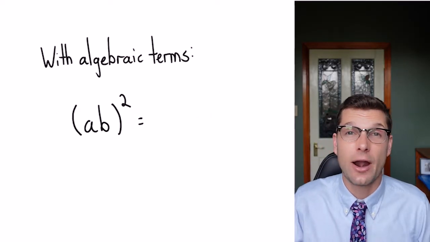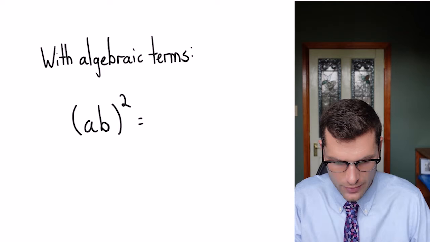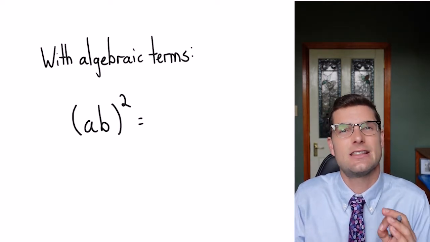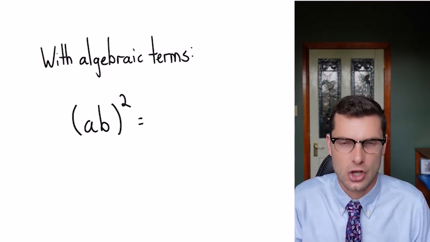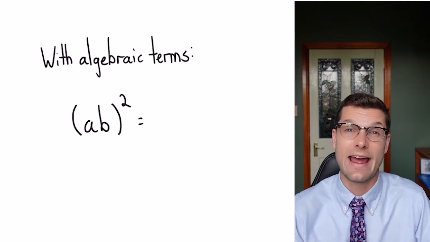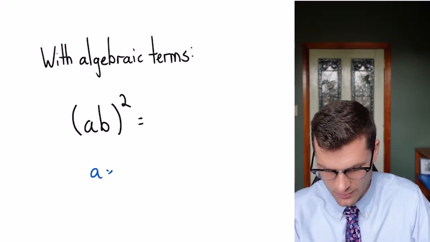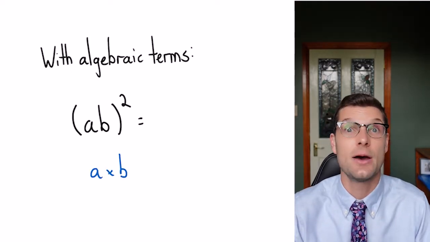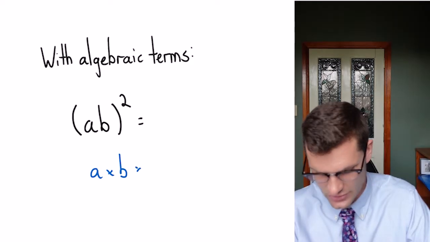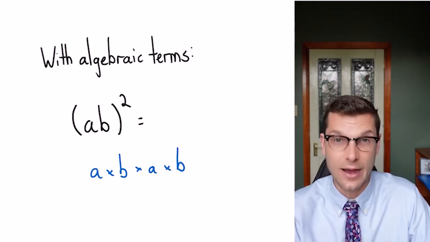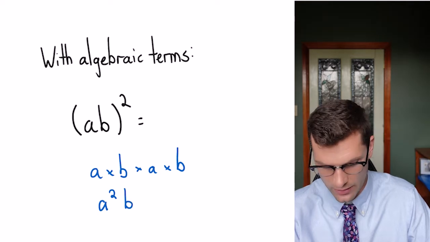When we've got algebraic terms, one or more, the only thing that changes is that we hit both terms. So for this one, if I was to write it out extended, I'd have a times b once, and then a times b is multiplied by itself, so times a times b, which becomes a squared b squared.